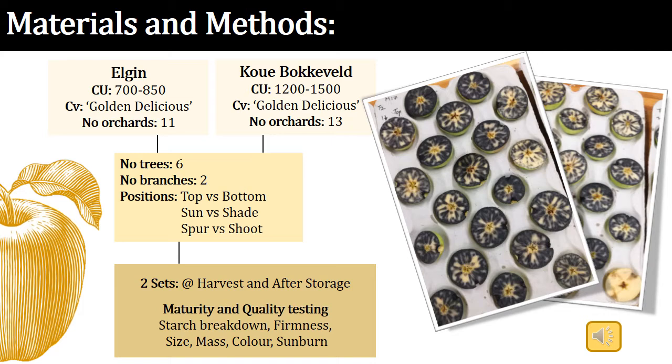In this way, we could now relate the maturity and quality of each fruit back to possible various causing components such as region, orchard, tree, or position in the tree.